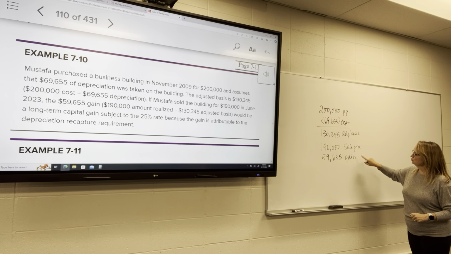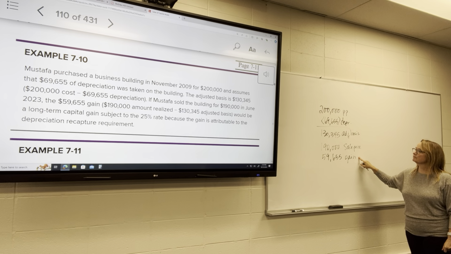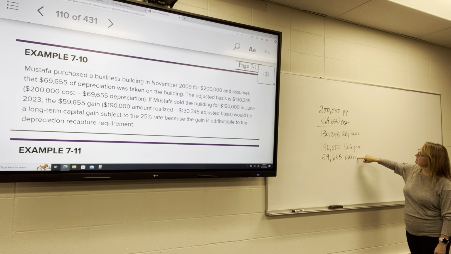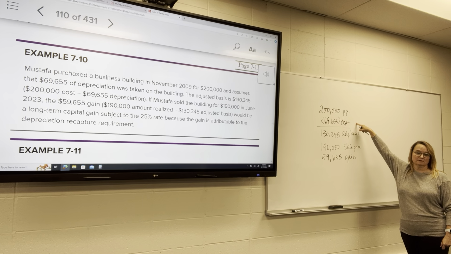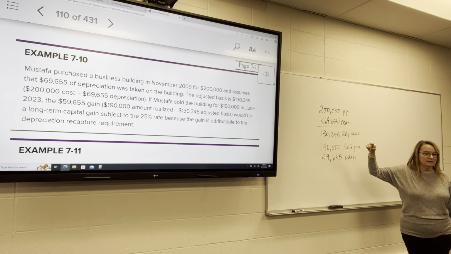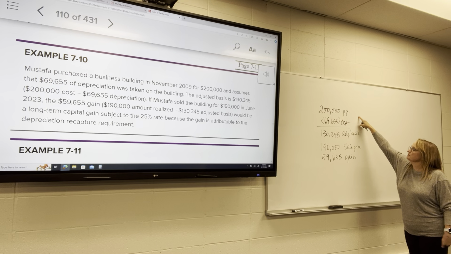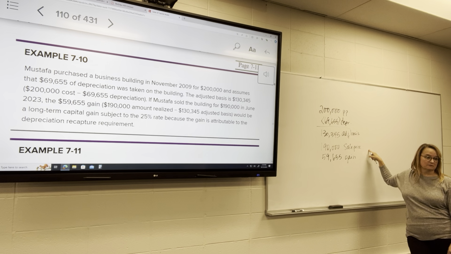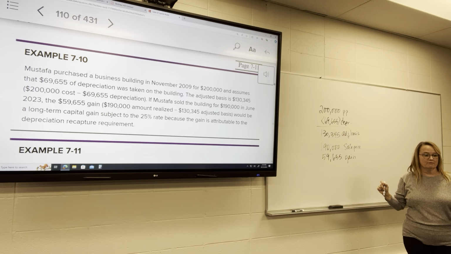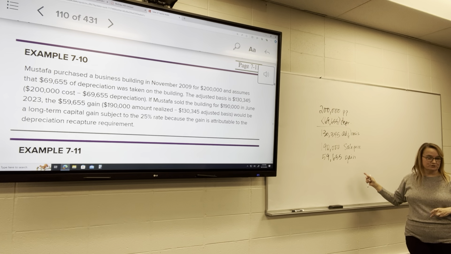What you do is you look at the gain. Essentially all of that gain was from depreciation; the building didn't increase in value, right? It went from $200,000 to $190,000. There's no appreciation of the building. It's only due to the depreciation.